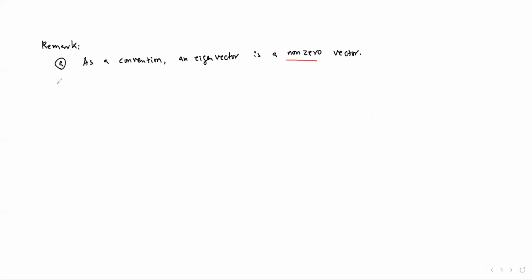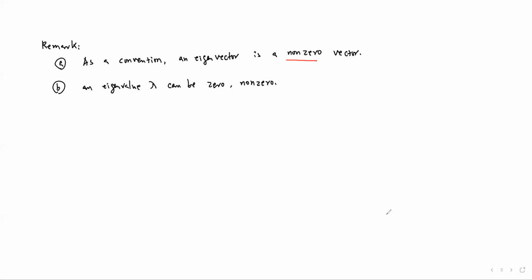However, about eigenvalues, an eigenvalue lambda can be zero. It doesn't matter. It can be non-zero.